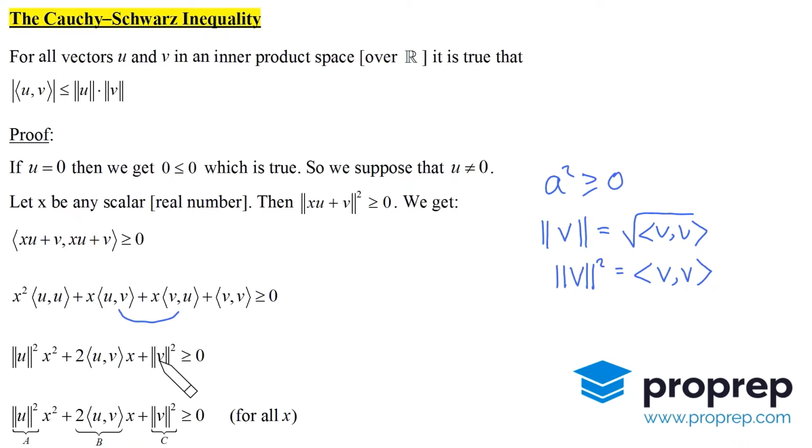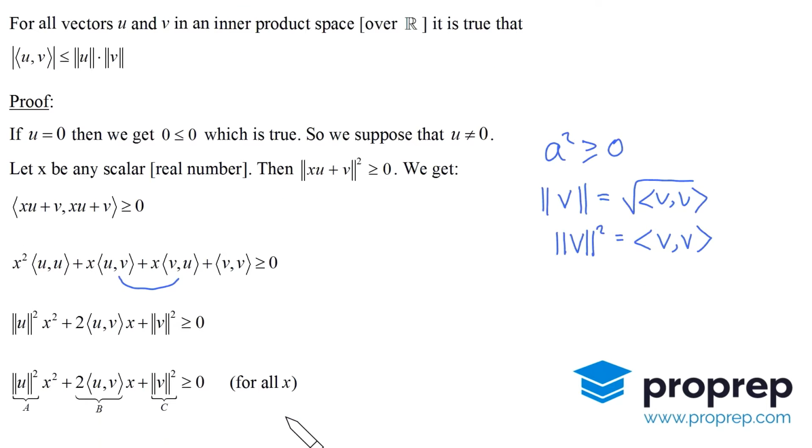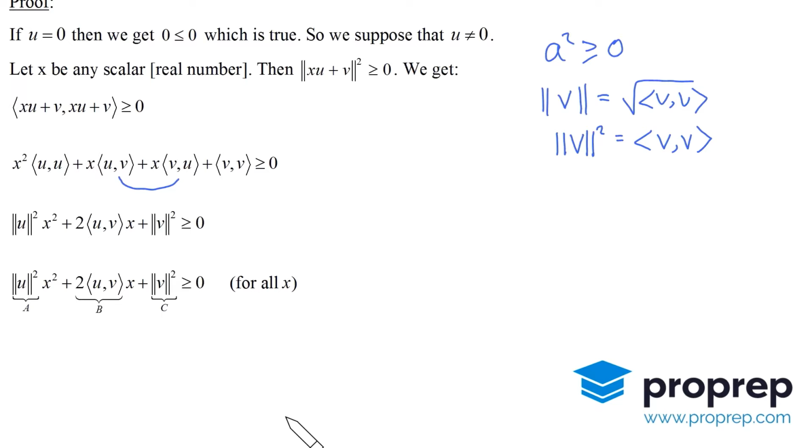And what I have on the left is a quadratic expression or quadratic function of x. We can call this part a, this part b, and this part c. Then we have ax squared plus bx plus c. And it's bigger or equal to 0 for all x. Now I hope you remember about quadratic functions.